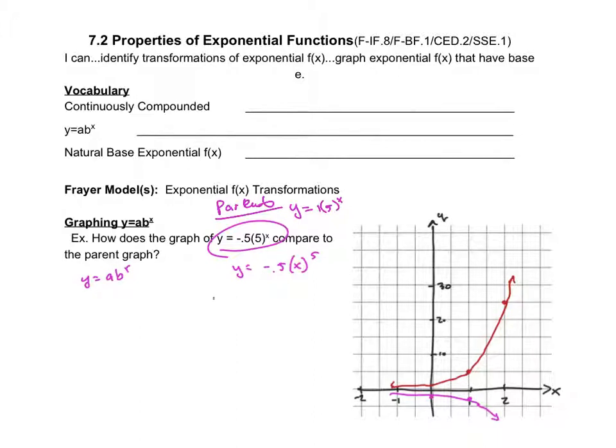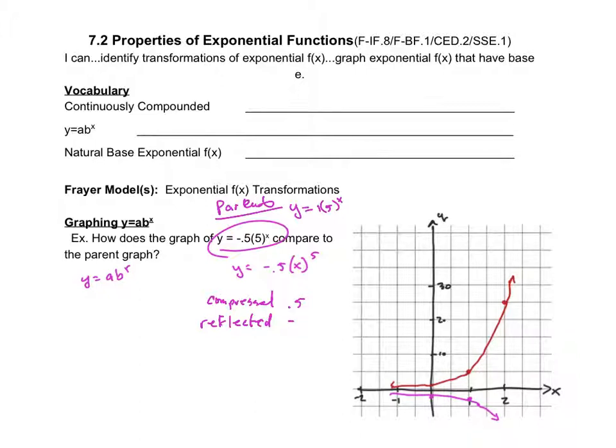How has it changed? Well, it's going to be compressed by a factor of 0.5. It is also going to be reflected over the x-axis because it has a negative.